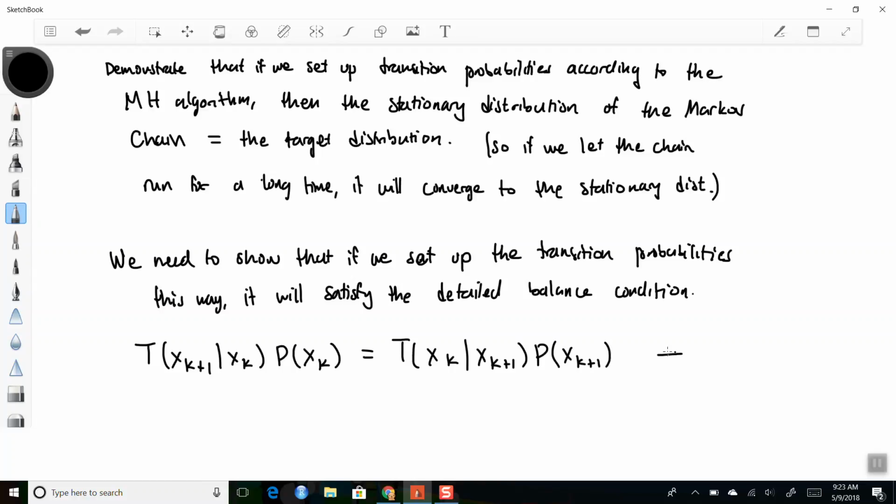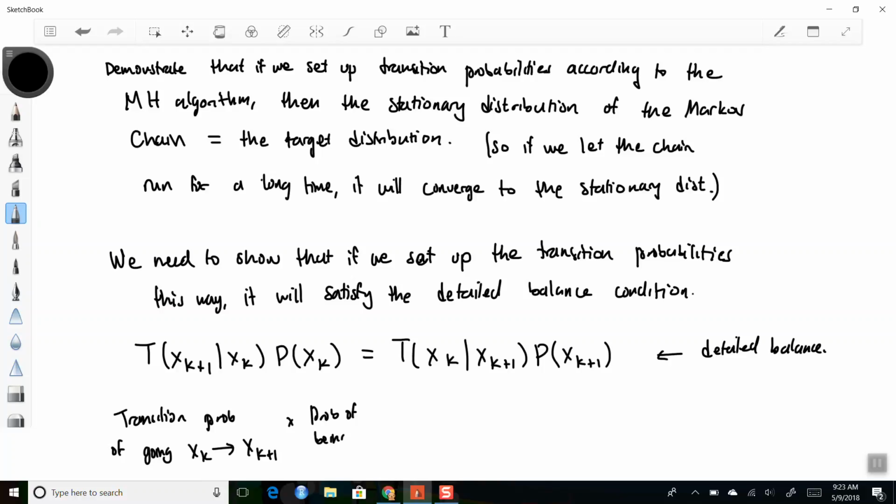Okay, this is the detailed balance. So this is the transition probability of going from xk to xk plus 1 times the probability of being at xk, right?